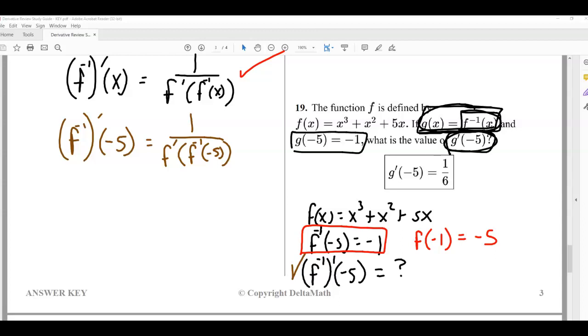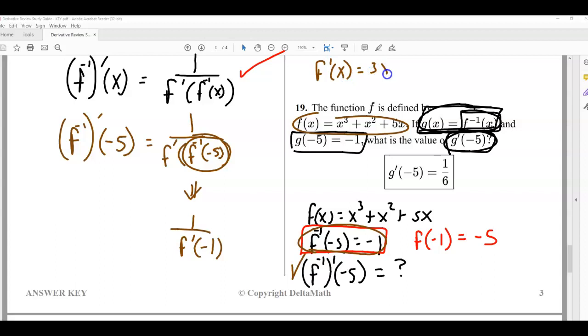Now I can tell what f inverse of -5 is. They tell me right here that that's equal to -1. So I've got 1 over f prime of -1. So now I'm going to find out what f prime of -1 is. Well, here's my f. So f prime is 3x squared plus 2x plus 5.